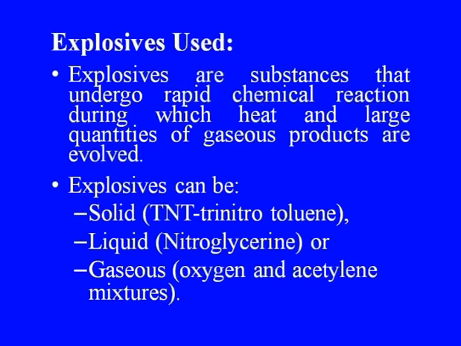These explosives can be solid like TNT, which is very popularly known as TNT. The full name is trinitrotoluene. Then it can be in the liquid form like nitroglycerin, or it can be in the gaseous form as well, like oxygen and acetylene mixtures.